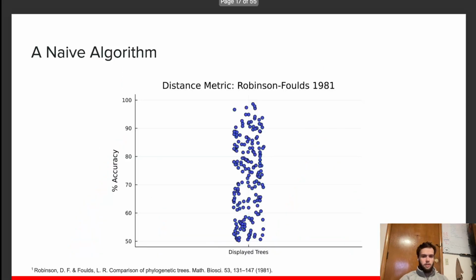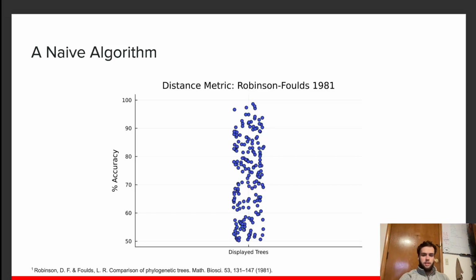And we can try this, and we get very mixed, not so good results. So I'll talk about the simulation parameters a little bit later, but here are the results for 200 simulated networks using the algorithm I just described and using the Robinson-Foulds distance metric.